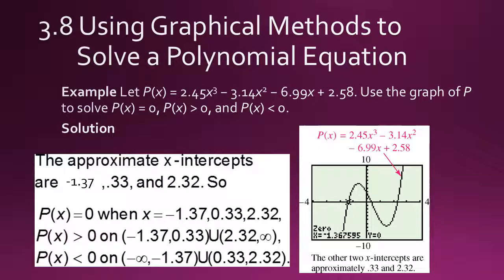Now looking at the graph, we can see that it's above the x-axis, in other words, positive in between negative 1.37 and 0.33. And then again, after it crosses at 2.32. So from 2.32 to infinity, it's also positive. And then it's negative from negative infinity to negative 1.37, where it's below the x-axis. And then it's below the x-axis again from 0.33 to 2.32.